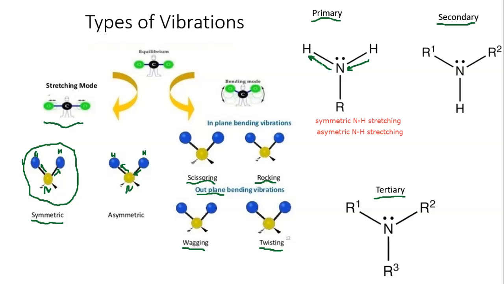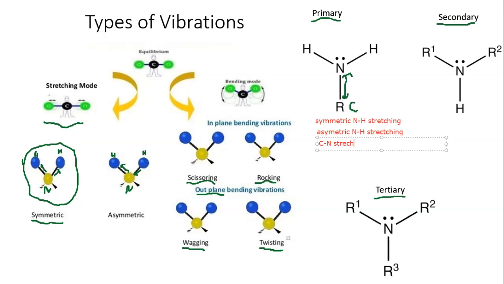We talked about the NH stretching, but for amines, remember that this R group is actually a carbon, some kind of carbon compound. So we can have the stretching of this bond, and in an amine, we have CN stretching. Now it can't be symmetric or asymmetric because we only have one nitrogen-carbon bond.